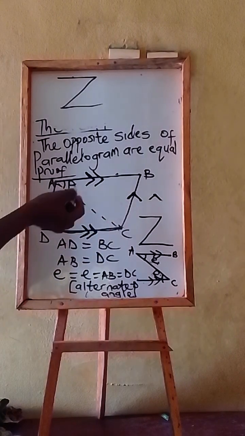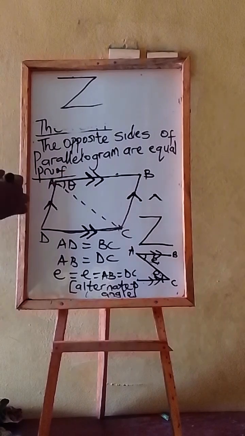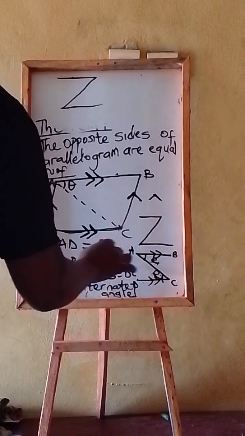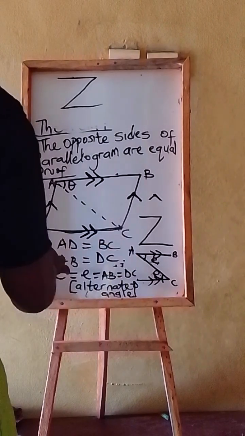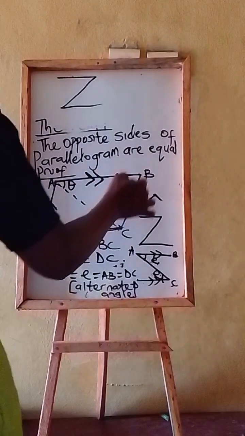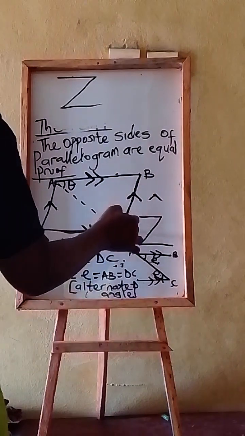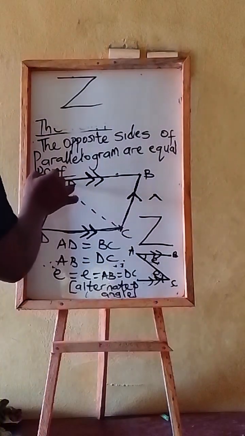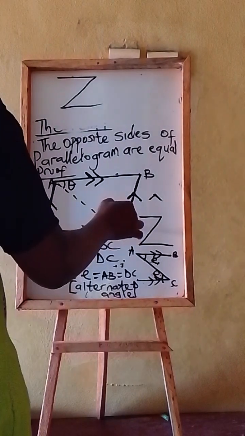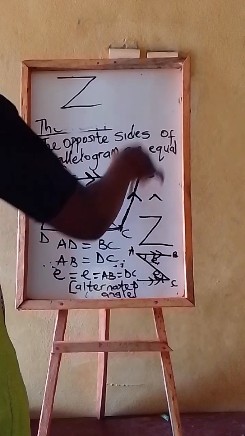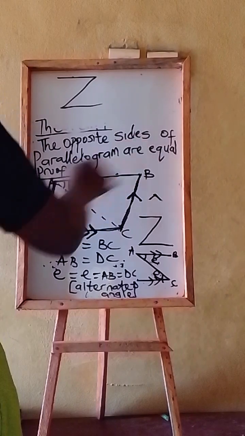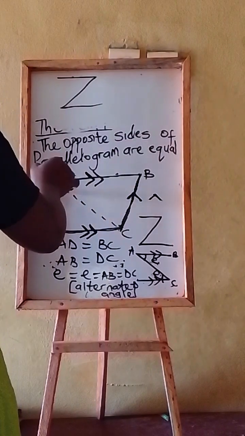Now the same thing, we can decide that we want to go this way. It depends on which form you are looking at. Remember that I've proved this line is equal to this line using alternate angle. Now you want to prove that this particular line is equal to this line.